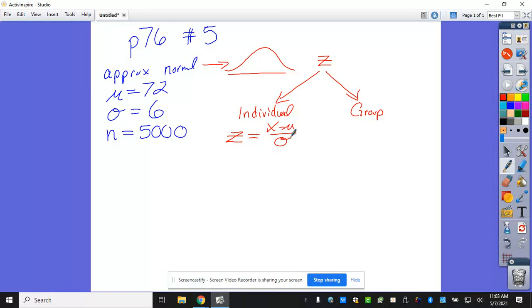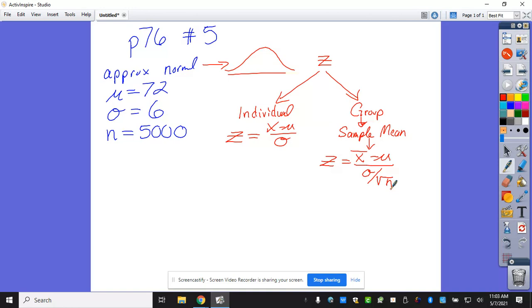If I am dealing with a group and I want to test the sample mean of that group, then it's z equals x bar minus mu divided by sigma over square root n. That differentiation is going to help a little bit, but it actually isn't helpful with this problem, and you think it would be, but it's actually not.